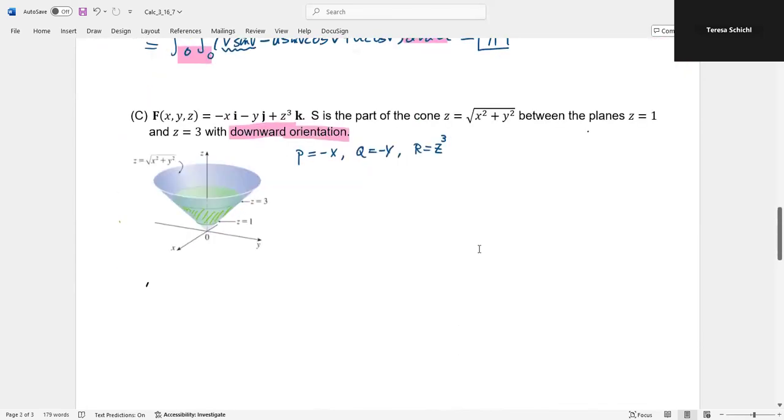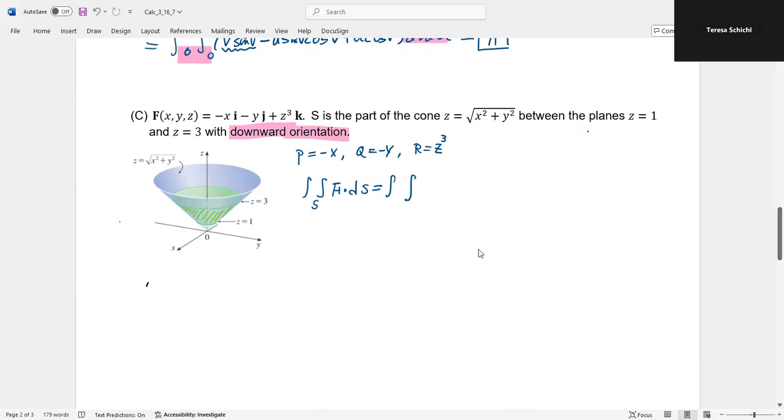Now I can rewrite this integration over this green surface I circled, the integral of F dS. Remember we change everything to x and y.